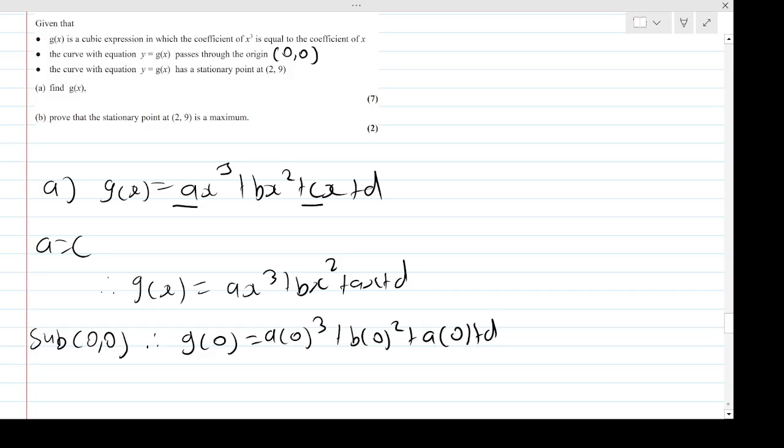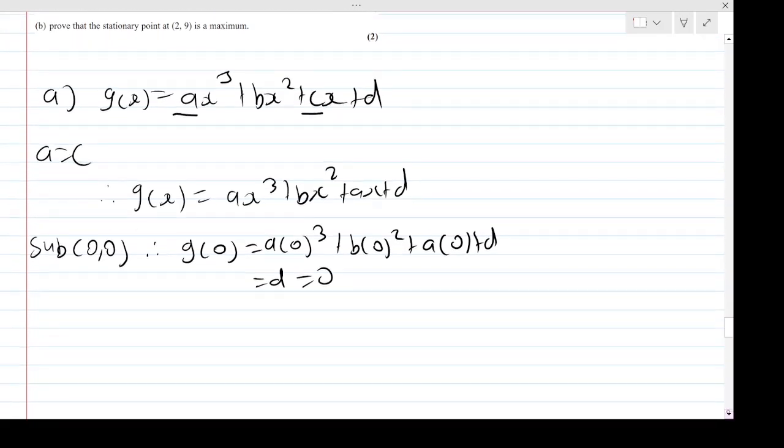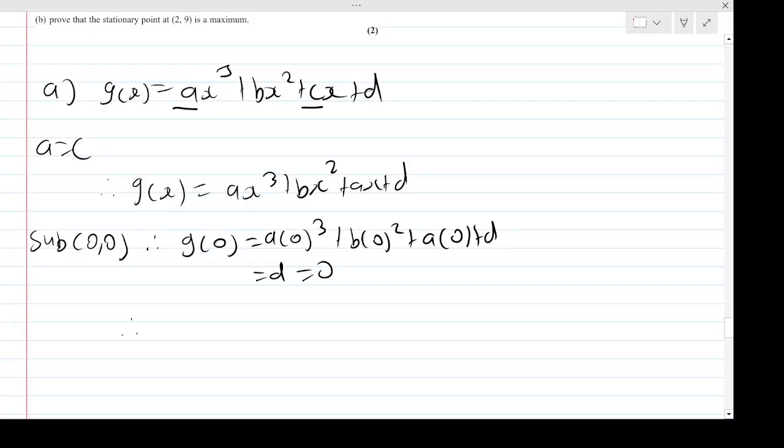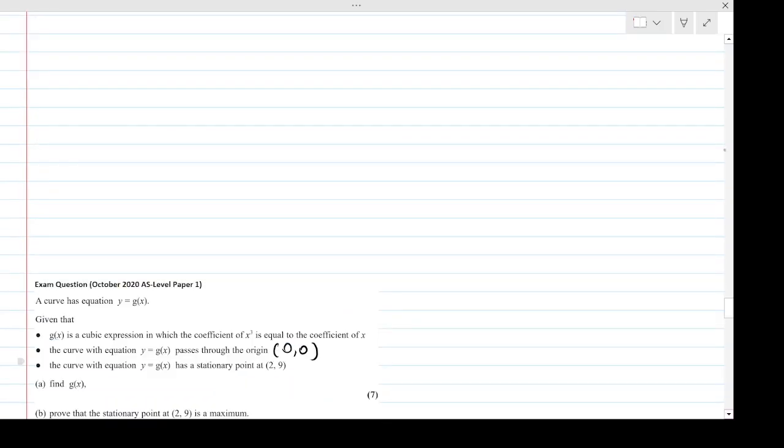That will go to 0 apart from d. So that has to be 0 because obviously it's the origin, so the y would be 0. So now I know that d is 0. I can then complete my expression, so that it's ax cubed add bx squared add ax, and that's it because d is now 0.